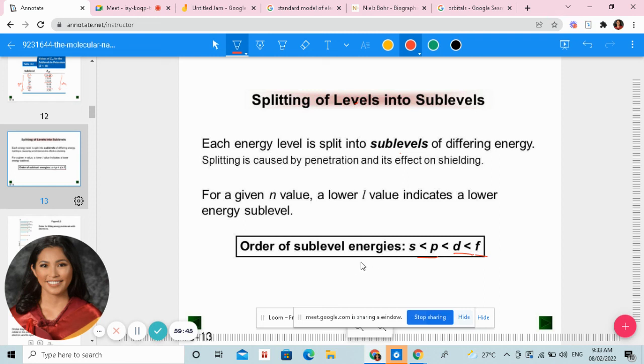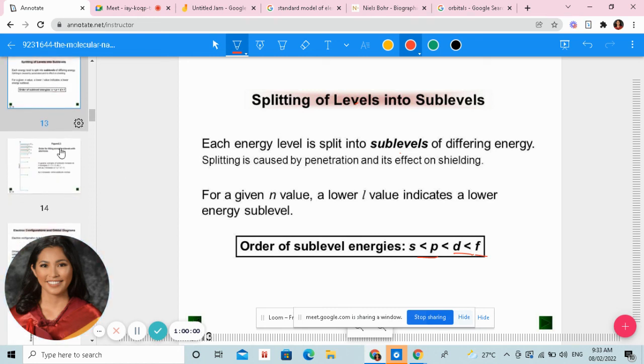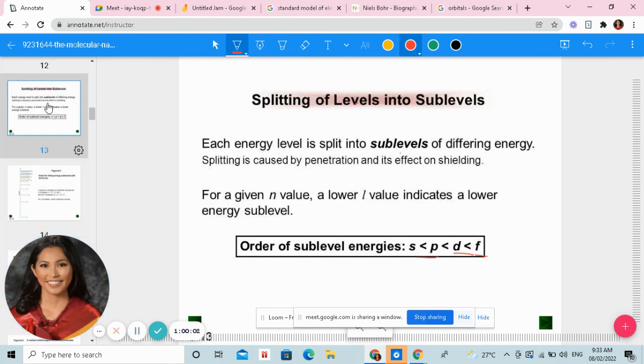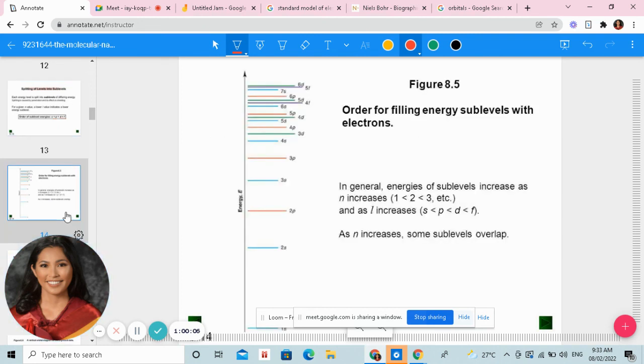So which is the highest sublevel? F, ma'am. All right. F is the highest. It is far already. Here we start at 4f, which is not here yet.